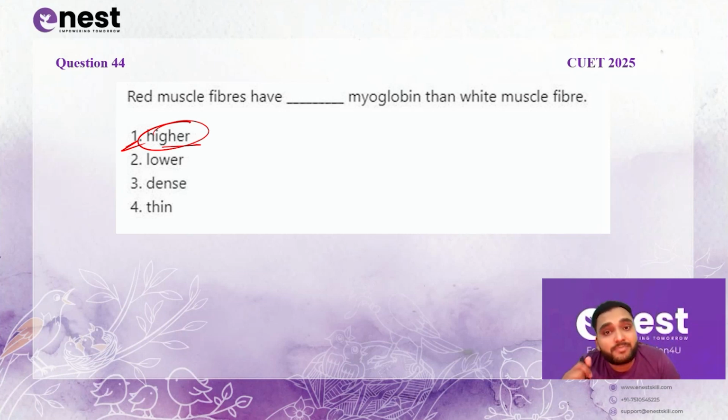It is the oxygen binding pigment in the muscle which gives the characteristic red color, and because red fibers depend on aerobic respiration, they require more oxygen storage than the white muscle fiber. Hence they have a higher myoglobin content. Red muscle fiber means higher myoglobin content. You can write this down in your notes to remember which fiber has more myoglobin content. Red means more, white means less.